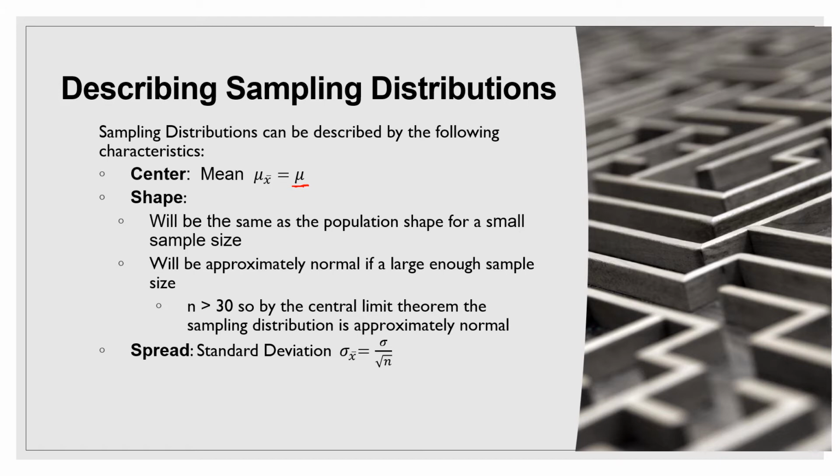By definition, if n is bigger than 30, then our central limit theorem, which we're going to talk about in just a second, kicks in, and the sampling distribution will become approximately normal. And then our spread, the standard deviation of X bar, is the population standard deviation divided by the square root of n.